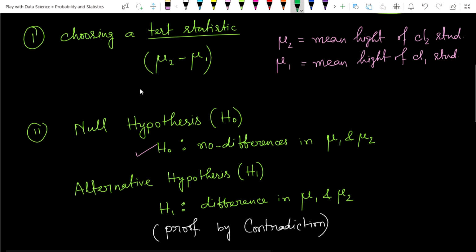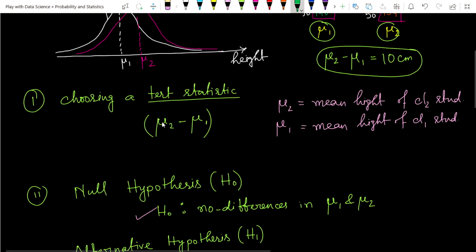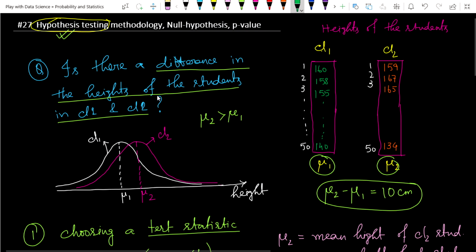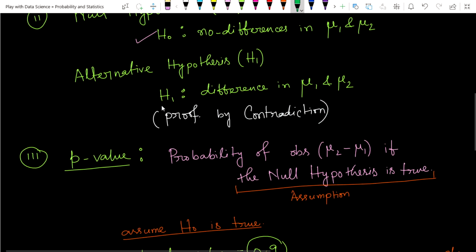After building the test statistic we design the two hypotheses, the null hypothesis and the alternative hypothesis. In the null hypothesis there is no difference between the two comparable things that we have, and in the alternative hypothesis it is just the opposite: there are some differences.